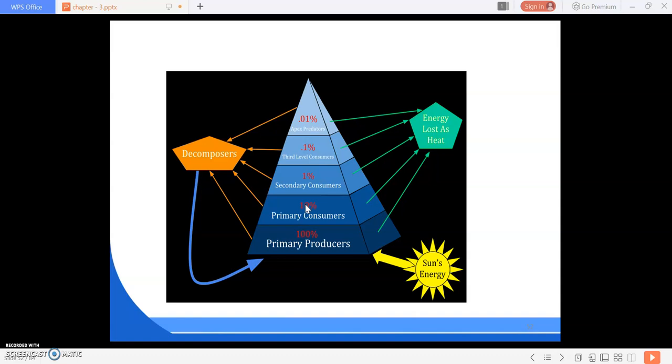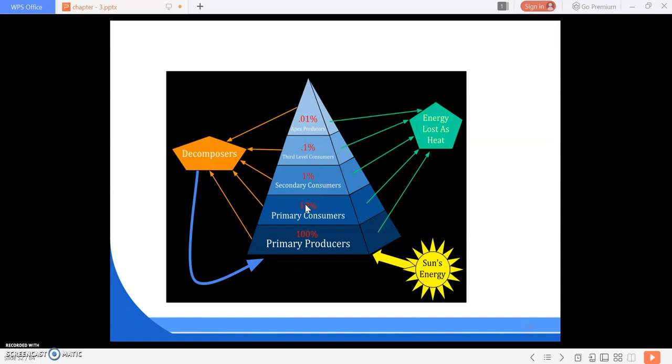So in this pyramid also you can see that as we go up, the amount of energy in each trophic level is reducing. In the pyramid of numbers, the number at each trophic level reduces as we go up, and in the same way the amount of biomass also decreases as we go up in a pyramid.